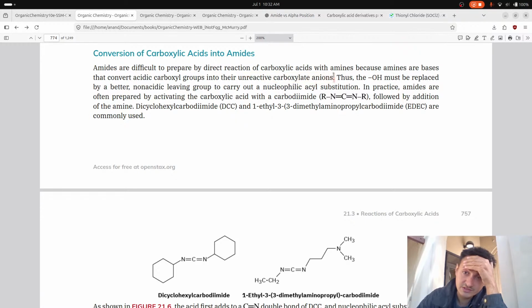Right. Okay, that makes sense. Yeah. Thus, the OH must be replaced by a better non-acidic leaving group to carry out a nucleophilic acyl substitution.